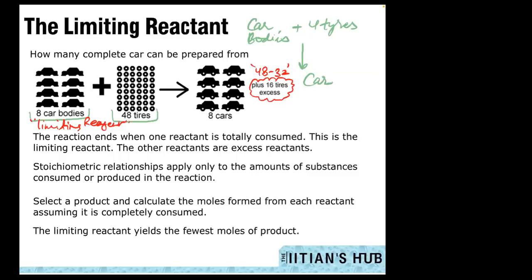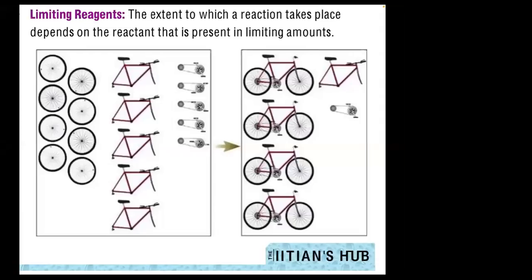I'm sharing one more picture related to the limiting reagent to help understand it. Here we have 3 things to make a complete bicycle: wheels, a bicycle body, and pedal and chain. In the balanced reaction, I can put W for wheel, and P for pedal and chain.